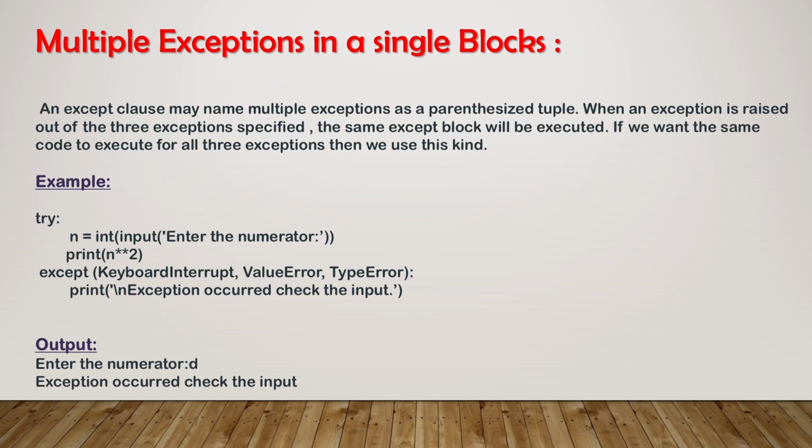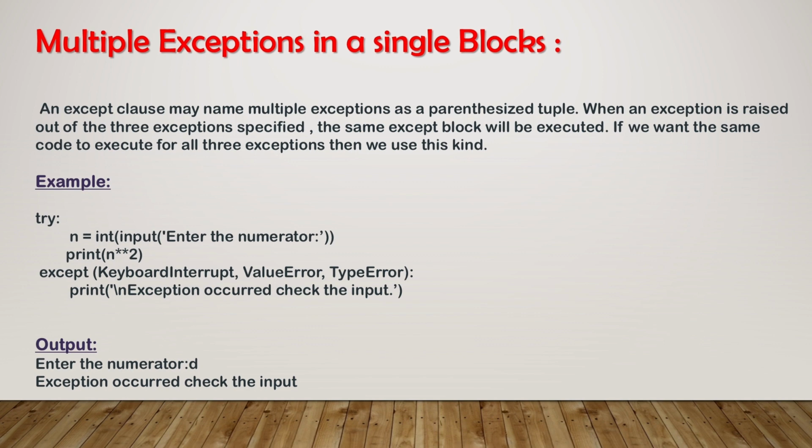Here a try block is written, and here we are asking the user to give an input, that is, enter the numerator. Now we are asking to print n square. Now the except block is written. In this except block we have given 3 exceptions at a time.